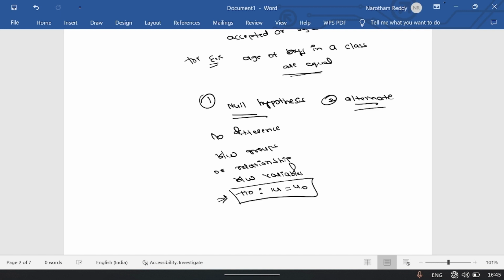Coming to alternate hypothesis, it is the complement to the null hypothesis, which is represented as H1, where mu 1 is not equal to mu 2.